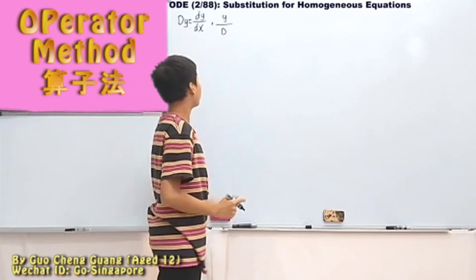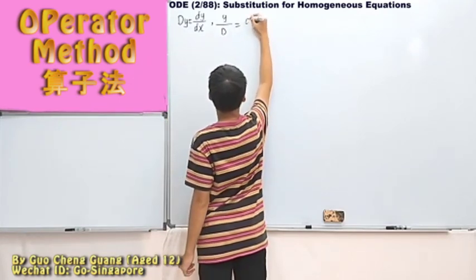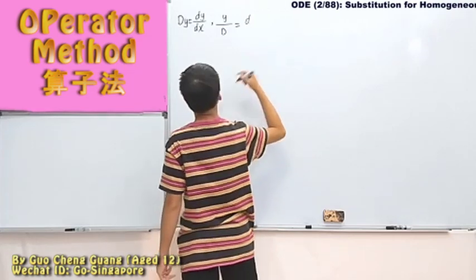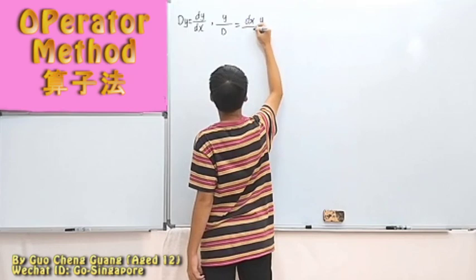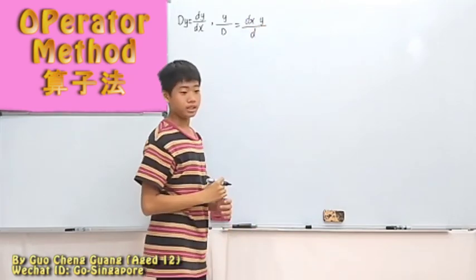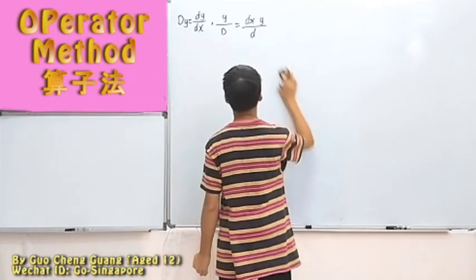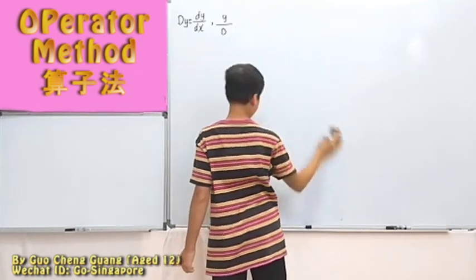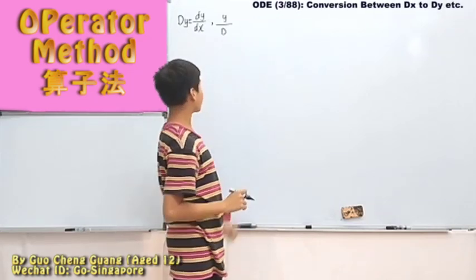What if I use y over d? Since d is d over dx, is it dx y over d? Well, let me just tell you, you can't reciprocal like that, and so this part is wrong.